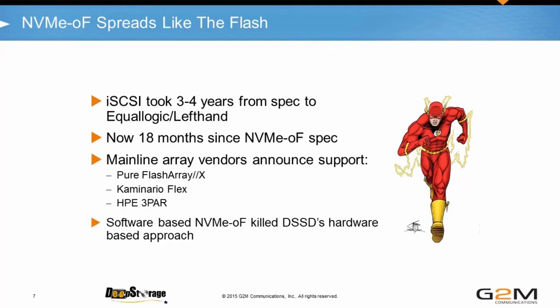It's now about 18 months since the first NVMe over Fabric specifications, and we're now seeing mainline storage array vendors announce support for NVMe over Fabrics in their products, both as a compute layer access protocol and as an array to expansion storage, kind of the shelf protocol.